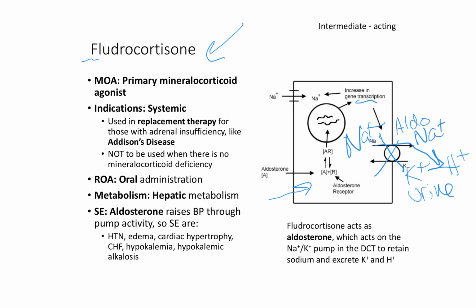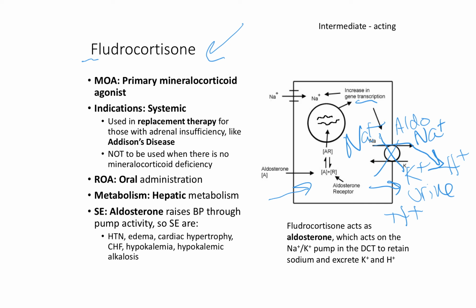So that helps explain to you your mechanism of action and also predict the side effects. We're looking at a sodium-potassium pump and then the movement of hydrogen. If we're giving a mineralocorticoid, we're blocking that activity and then keeping the sodium, but then losing potassium and hydrogen in the process.